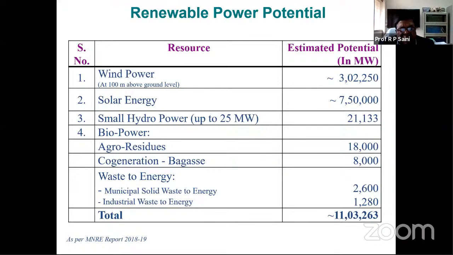So I will not be talking about very advanced things, because as far as academicians are concerned, or as a teacher, if we want to teach something to the students, we should start with the basics. Don't leave the basics. Of course, my interest is the emerging technology, but it will be better if you spend a few minutes or a few hours, depending upon the time available, on the basics.